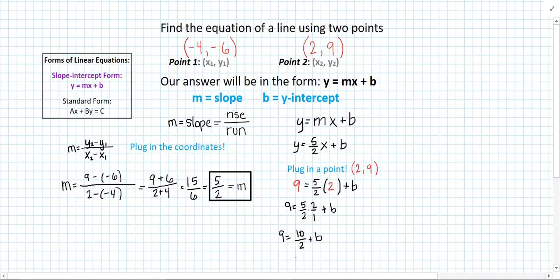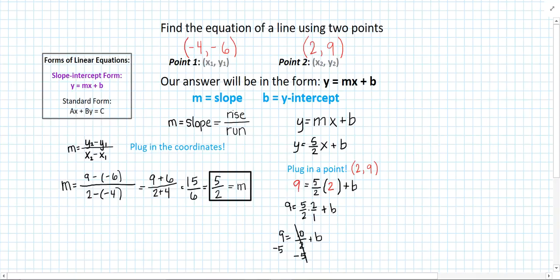And now to get B by itself, we're going to have to subtract 10 over 2 from both sides. And normally we would have to have a common denominator in order to subtract a fraction. However, we're lucky on this one because 10 over 2 is the same as 5. So we can subtract 5 from both sides of the equation.